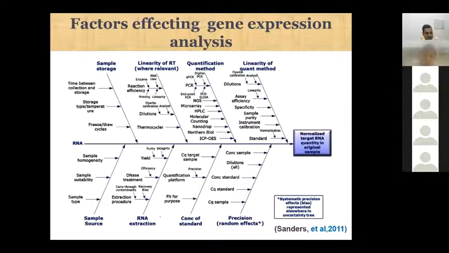So the various factors affecting the process of PCR quantification start from the source of the sample: what the different types of sample sources are, sample suitability, sample homogeneity, how much variation there is within the sample, whether samples were taken from different animals or different species, and what the sample type is at collection, blood, for example. Is it collected from blood or cell tissue?